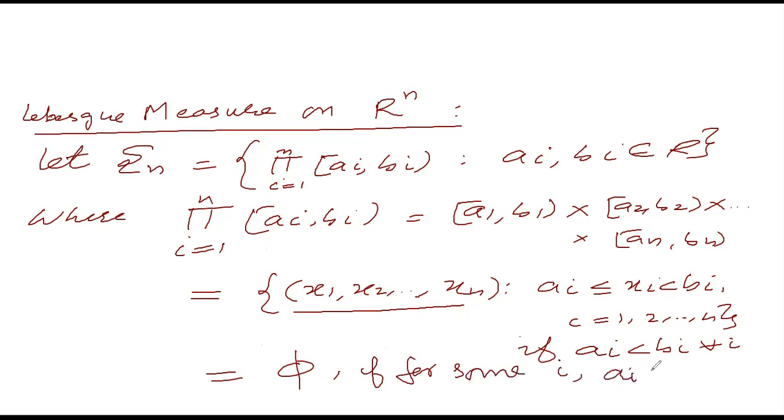So that's this product of n copies of semi-closed intervals. It means that Sn also contains the empty set. And in one of our previous lectures, we have shown that this collection of the product of n copies of semi-closed intervals forms a semi-ring on Rn.